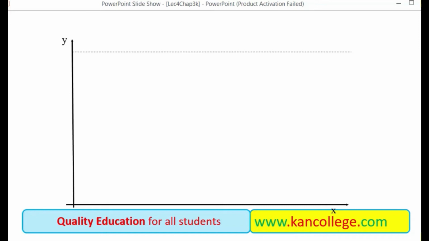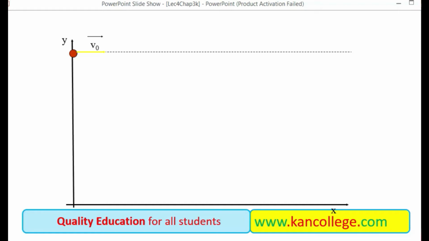Let us consider this figure in which a ball is thrown horizontally by applying a force along the x-axis, and then it is released and moves independently. It moves with the initial velocity vi. At the start, at time t equal to 0, its velocity is just along the x-axis and no vertical component of velocity is there.